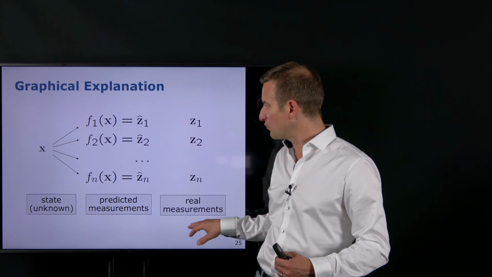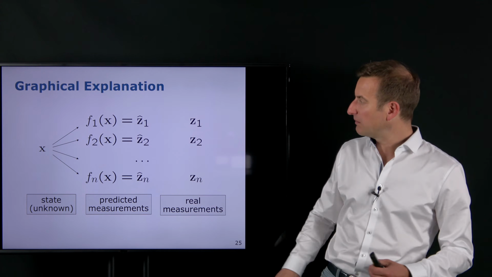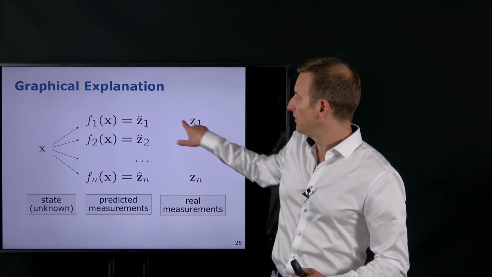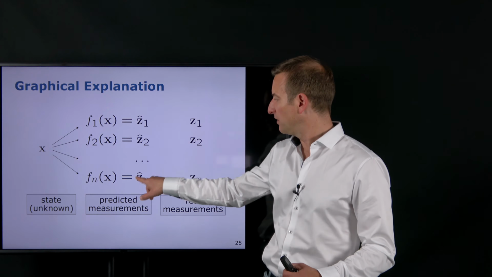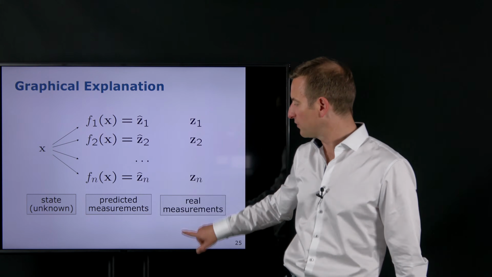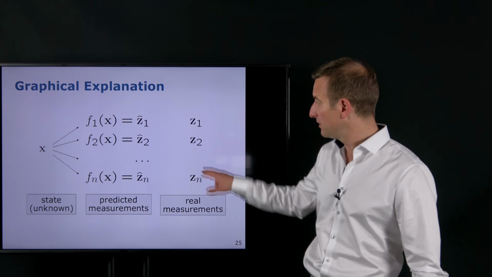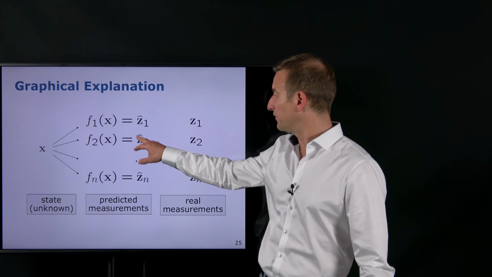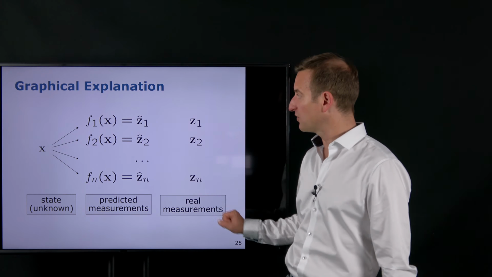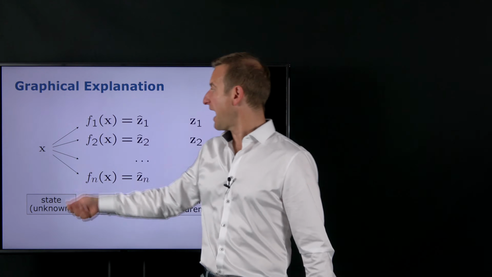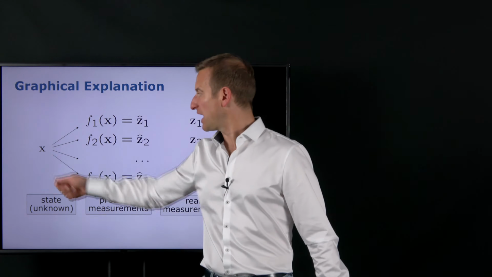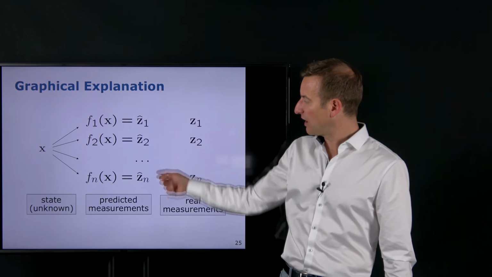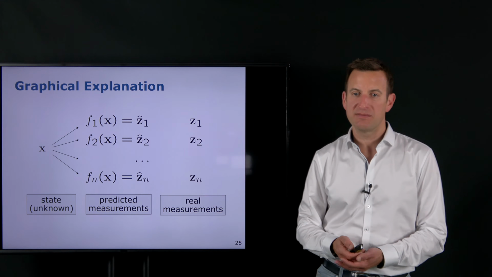And I have my real observations over here. So what I'm looking into is minimizing the discrepancy between what I'm expected to observe and what I observed in reality, and kind of taking the squares of those elements and summing them up. So in the end, I want to vary x or modify x, change x, so that the sum of the squared errors here gets actually minimized.